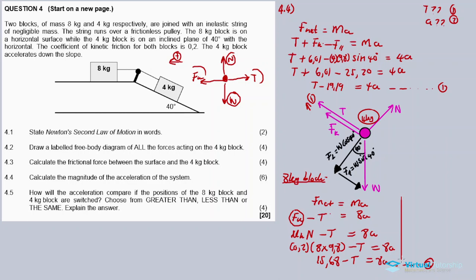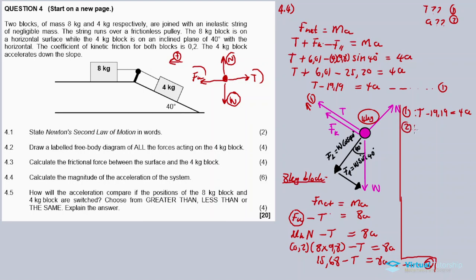Now I can either use the substitution method or the elimination method, which is the method we will apply. So this is equation 1: T minus 19.19 is equal to 4a.